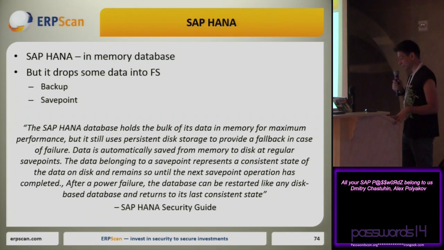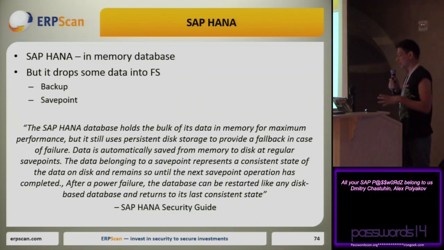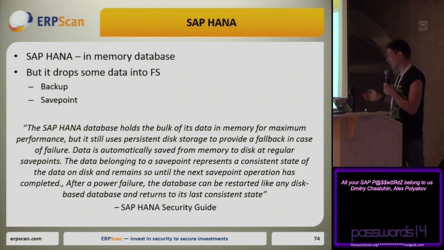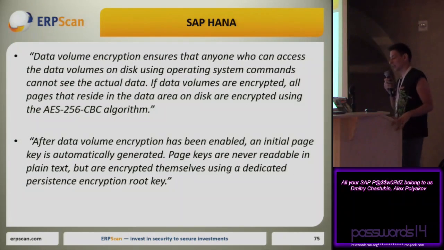After a power failure, the database can restart like any disk-based database and return to its last consistent state from save points. That's why HANA provides data volume encryption, which allows the administrator to encrypt the volume using the AES algorithm.